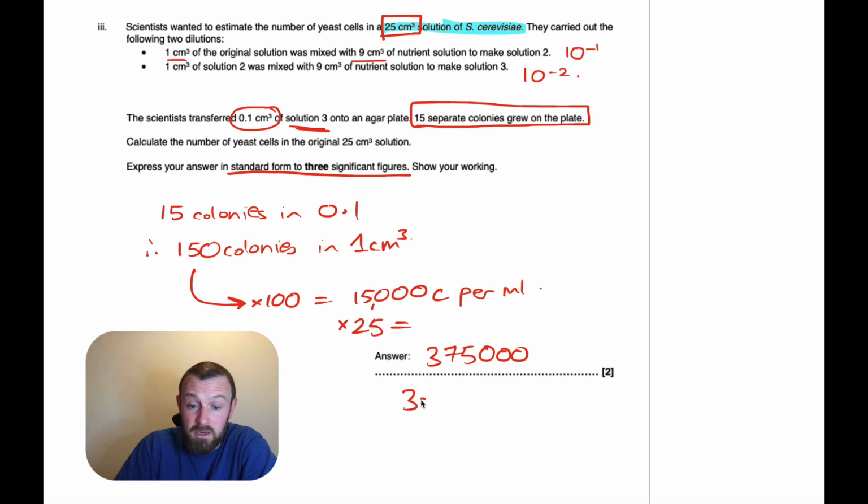So it's 3.75. Remember when doing standard form, you count how many positions you move the decimal place. So let's do that in blue here. If it was 3.75, I'd need to times it by 1, 2, 3, 4, 5. 10 times 10 to the 5. So 3.75 times 10 to the 5 is your answer.